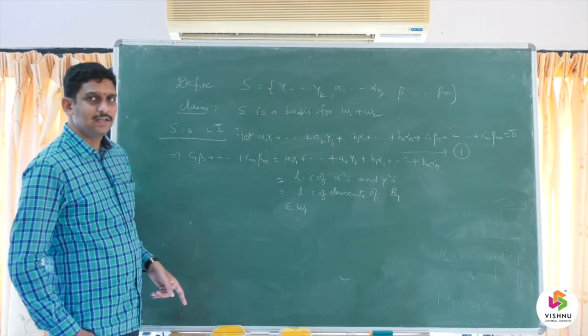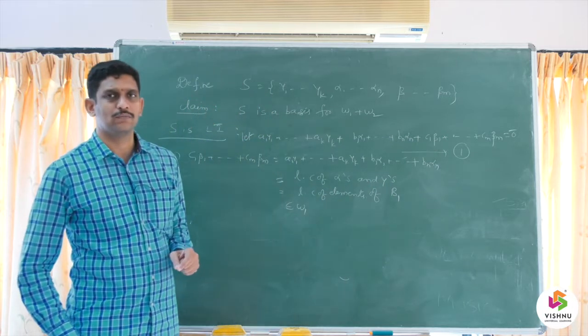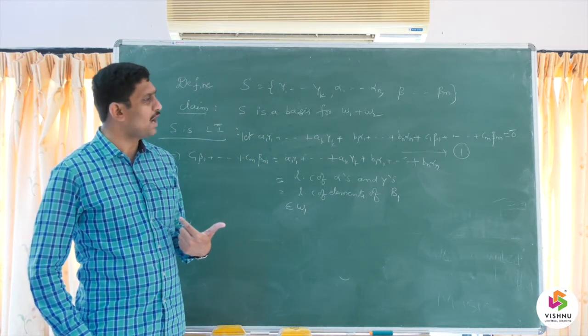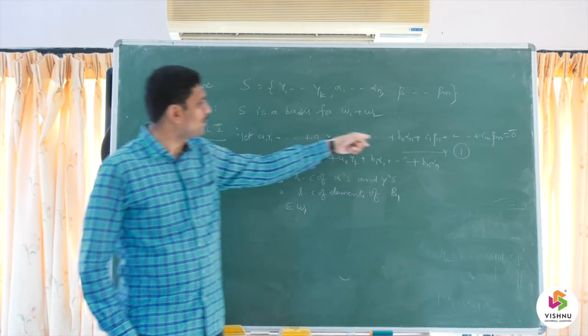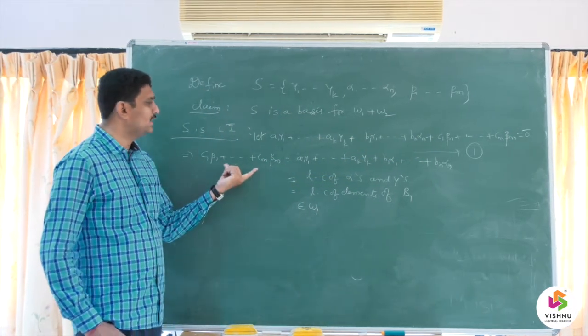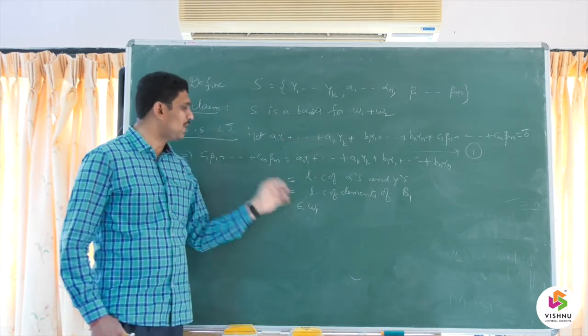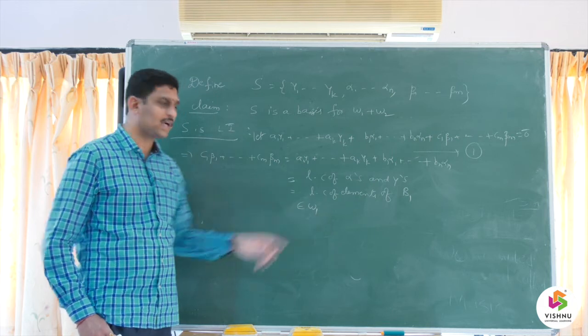Again observe what I did. I have written a linear combination whose value is equal to 0. My responsibility is to show that all the scalars represented here must be 0. So for this, I have taken this part from this equation and I proved that this part belongs to W1, right?